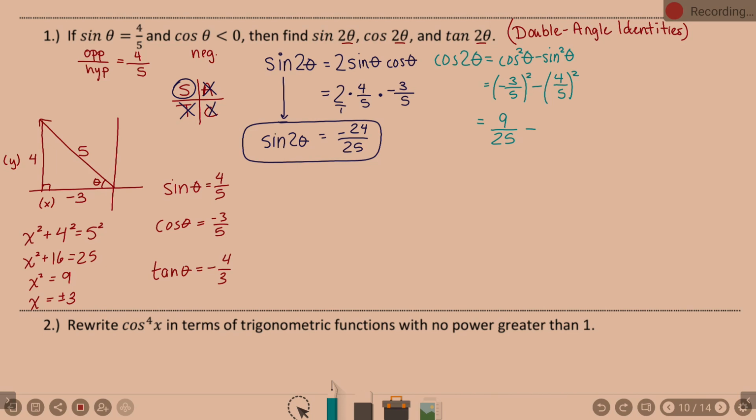Negative times negative is a positive. 3 squared is 9. 5 squared is 25. Minus, what's 4/5 squared? 16 over 25. 9 25ths minus 16 25ths is negative 7 25ths. And we have just found cosine 2 theta.